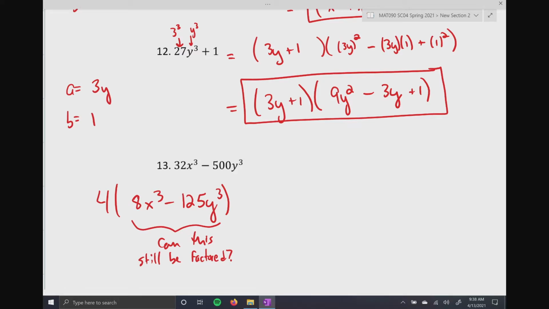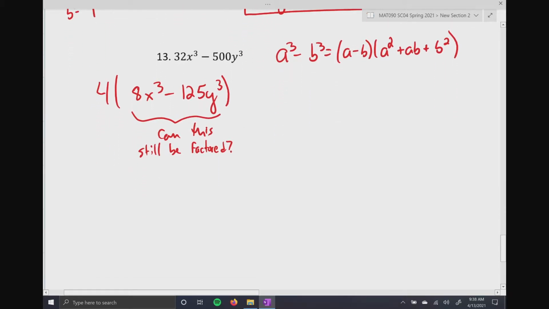I'm going to write the formula out for us. There's our formula. A cubed minus b cubed equals the quantity a minus b times a squared plus ab plus b squared.